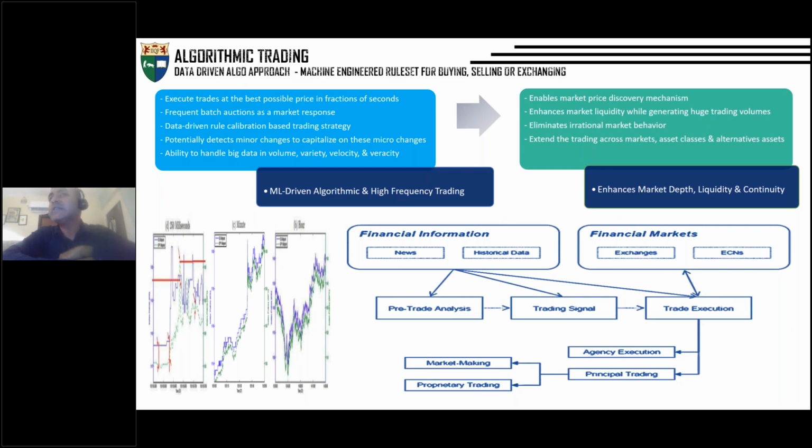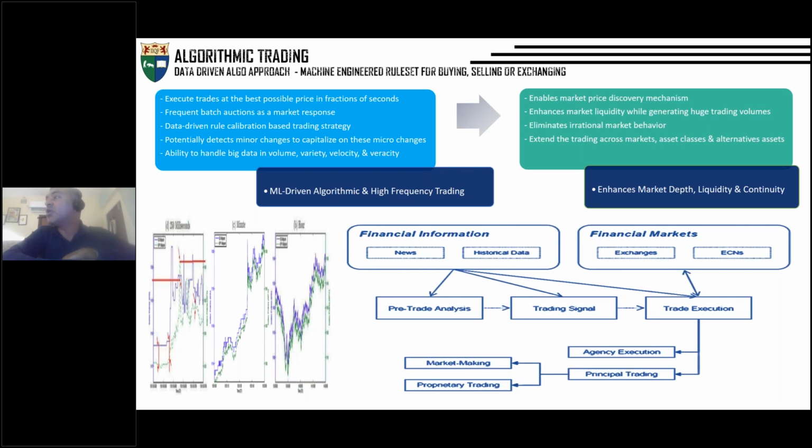A lot of these things are happening. So who will discover the price? Who will do that price discovery mechanism? This price discovery can be easily conducted by the ML driven algorithm, right?